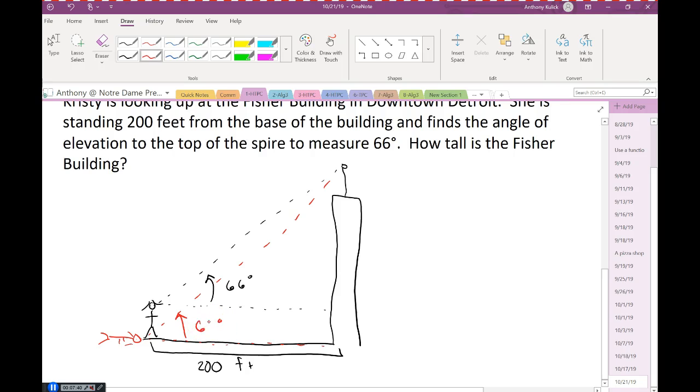Why am I making that assumption? We don't know how tall she is, right? Because if she's standing, we don't know what that length would be, right? We're just going to assume that she's laying down on the ground and basically her height is 0.